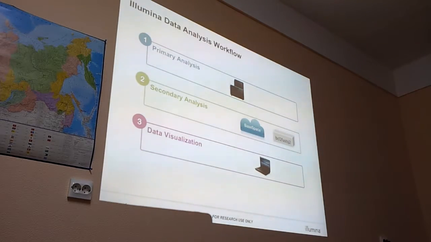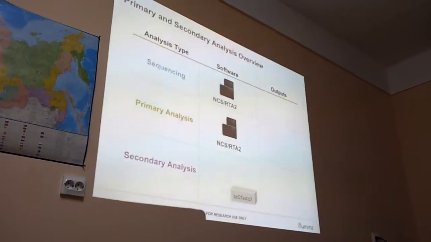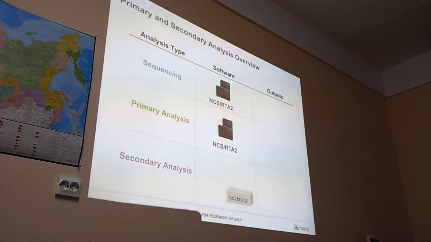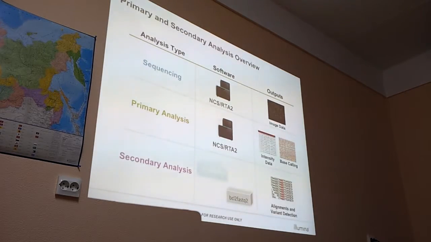And then finally, visualization and secondary analysis of data. Yes, this is what I just said. So the output data from NCS, of course, first you get images, intensities, base calling.